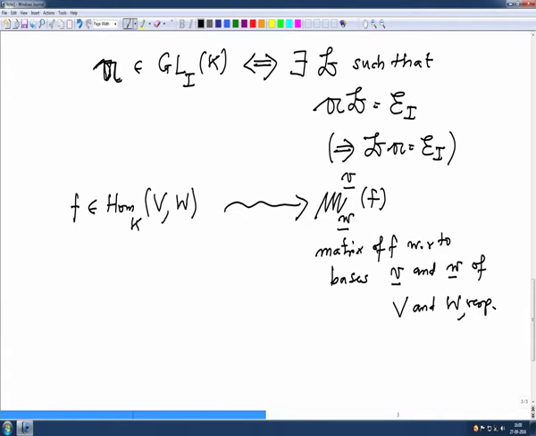I want to now analyze what happens if I change a basis. What happens to this matrix? This matrix depends on a basis. So I want to analyze what happens when we change a basis.